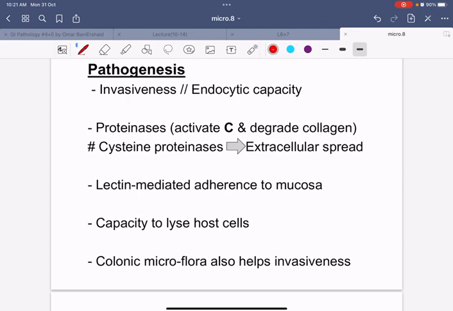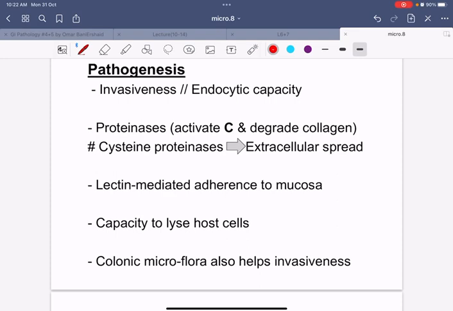They have proteinases which activate complement and degrade the collagen. So they have important proteinases, like cysteine proteinases, which assist in extracellular spread. How do they penetrate the intestinal wall and go to other places? They have cysteine proteinases, and proteinases that can activate the complement, that can degrade the collagen of the tissues.